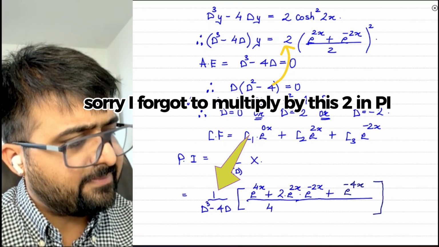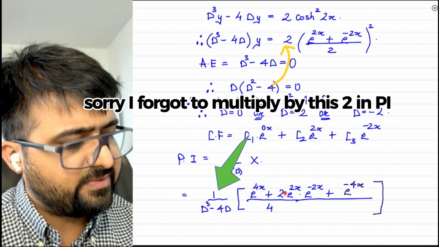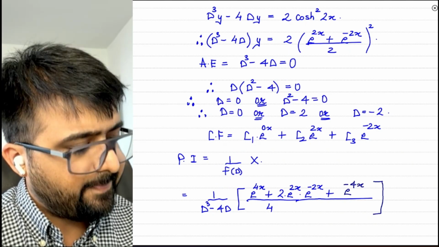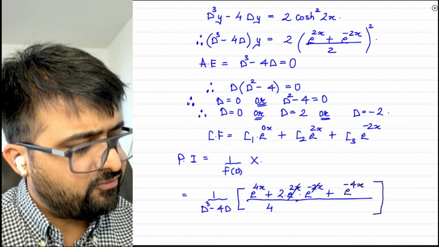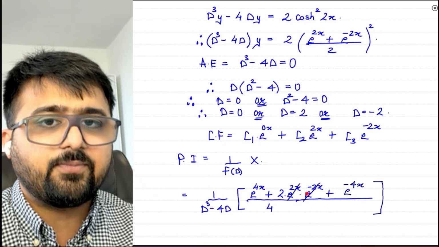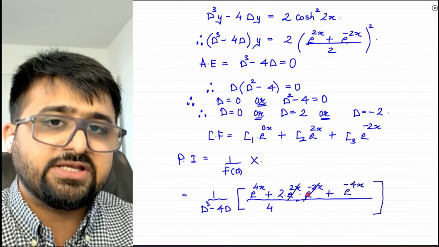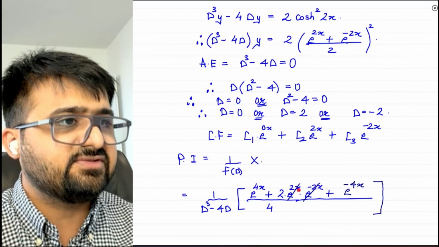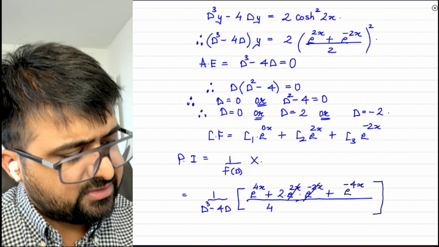You just apply a square plus 2ab plus b square over here. And the middle term will just become 1, because e to the power 2x and e to the power minus 2x cancel out each other.